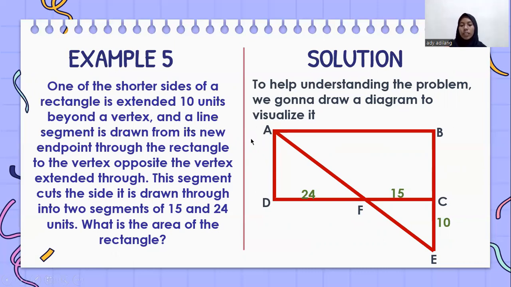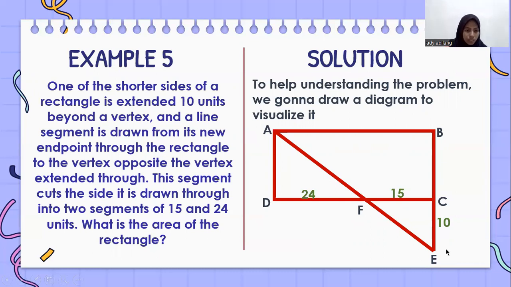First, we have to draw a rectangle. And then since it said in the question that it's drawn to the new endpoint, this from C to E is our new endpoint.